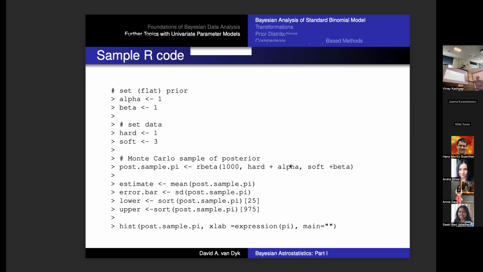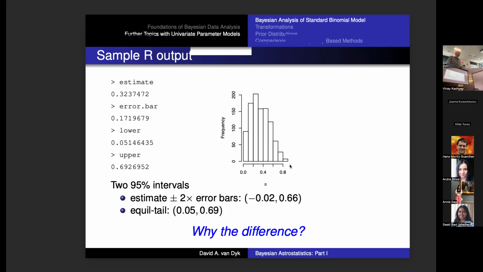And then, since I have a Monte Carlo sample, I can estimate the mean just by averaging them, the standard deviation by taking the standard deviation. And here I'm going to compute a 95% interval. I'm sorting the values. I'm going to take off the 2.5% smallest and the 2.5% largest, and end up with a 95% interval. And this is the result.